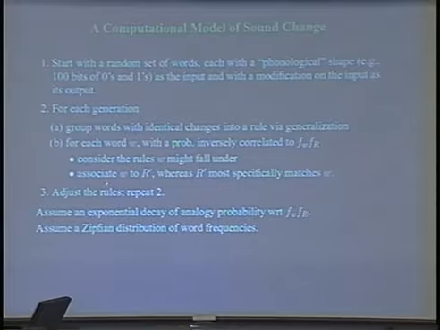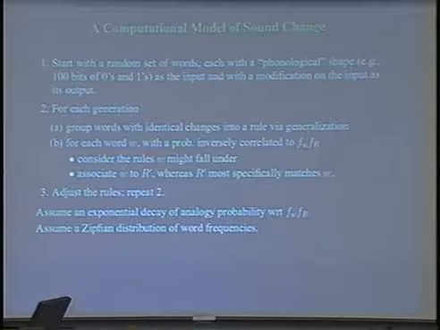Otherwise, the word is going to undergo a mutation or an analogy, and be associated with some other rule. Once you take a word out of a class, you have to make changes to that rule. But if you add a word to a rule, you have to generalize that rule. So you adjust the rules, and this is one generation of learning, and you repeat.